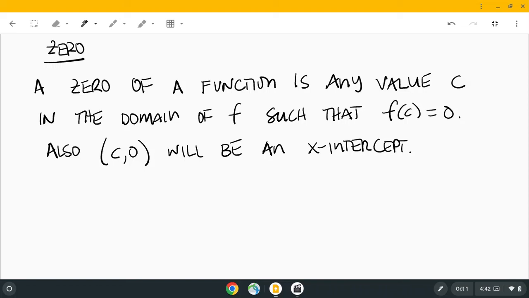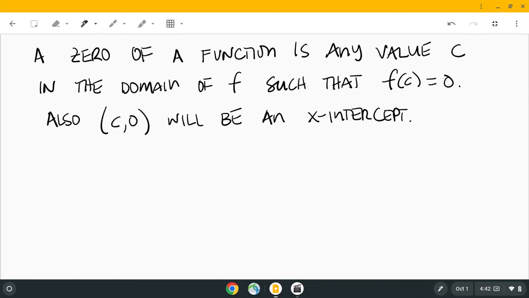And wherever you have a zero, that's where you have an x-intercept. For example, with y equals sine x, we'd like to know when this function equals 0.